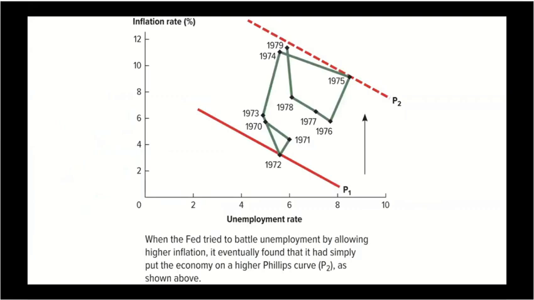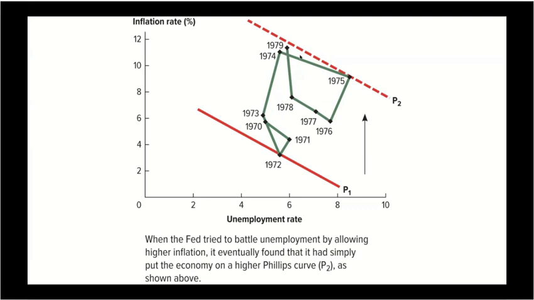Now here is a graph from the book. So this is the graph we saw. This is basically a more detailed graph using dates and with more detailed numbers about how unemployment and inflation rates change throughout the years.